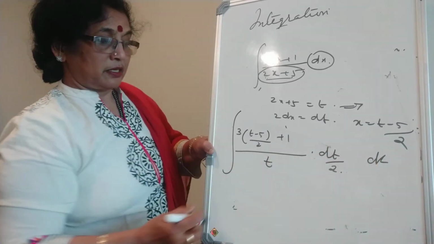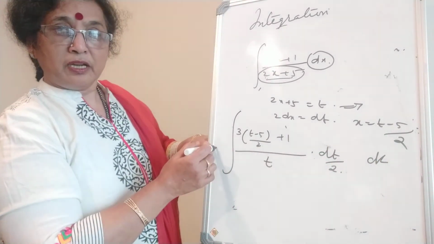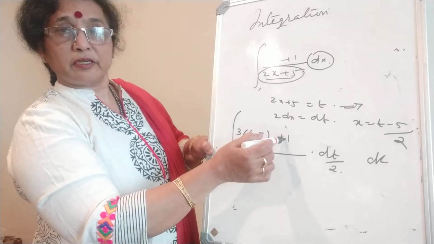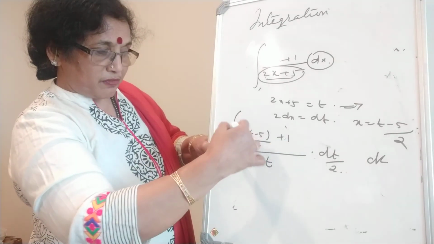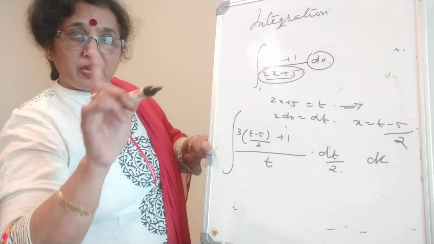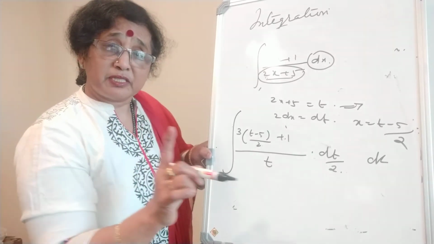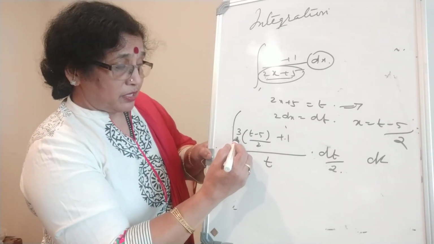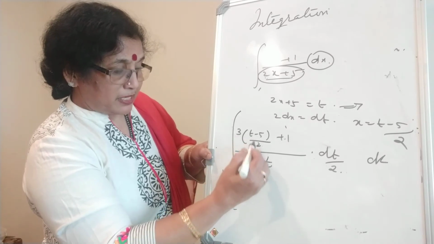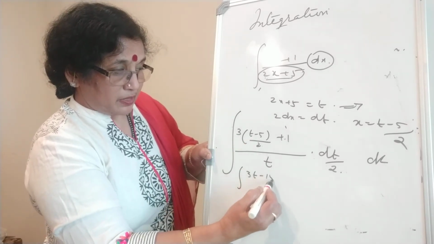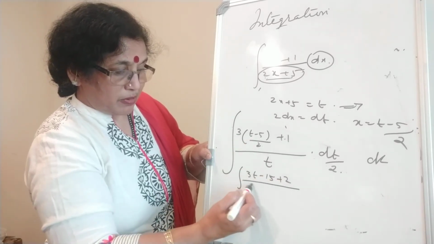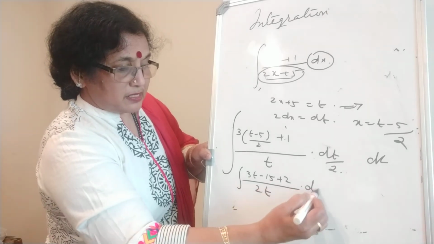That completes. Now don't write 2 2's are 4 here, because there is one more 2, 1's are 2 here. So till you change to a single fraction, don't bring the 4 out. Don't be in a hurry, please. That's a very common mistake. So here it is 3t minus 15 plus 2, the whole thing by 2t, and this dt by 2.